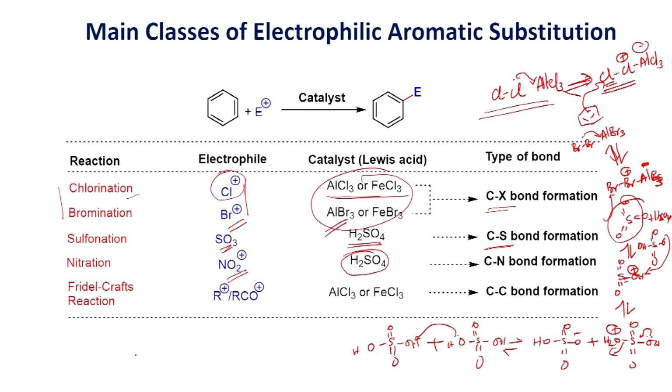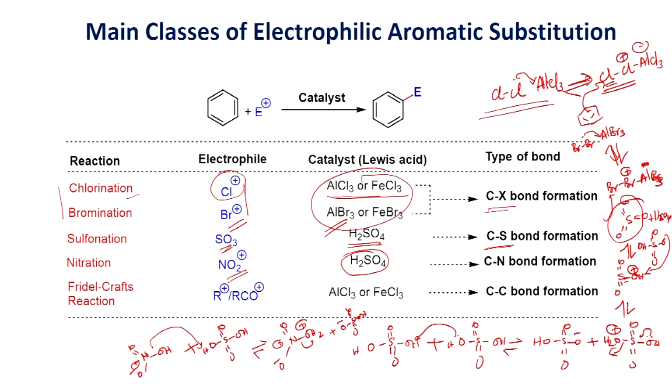If you have nitric acid and sulfuric acid, the sulfuric acid can act as an acid and protonate the nitric acid.